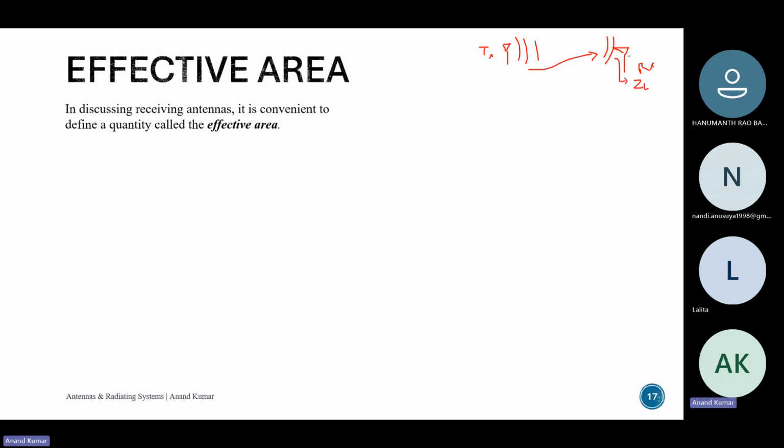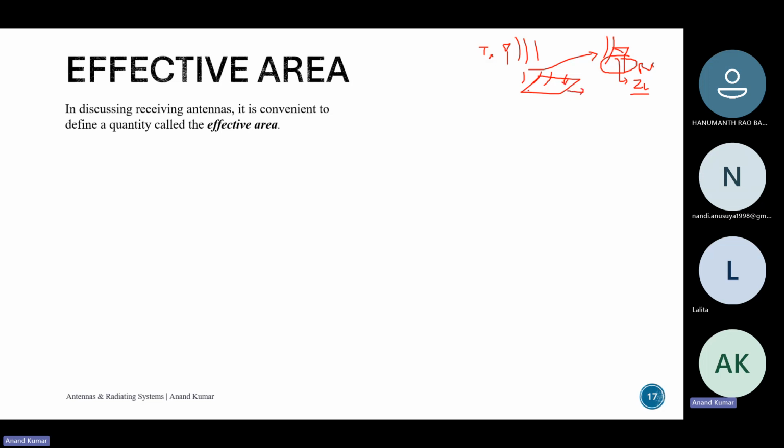So the fraction of the waves which are actually received by the antenna only reaches your receiver load. It implies that the antenna will have, for example, this surface which is receiving the waves, but not all the waves which are incident on the surface were received.